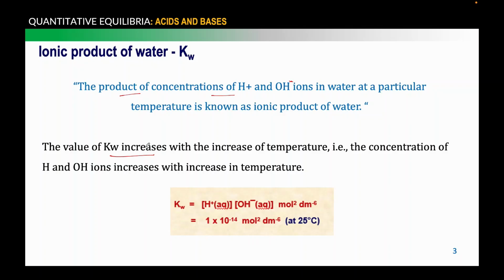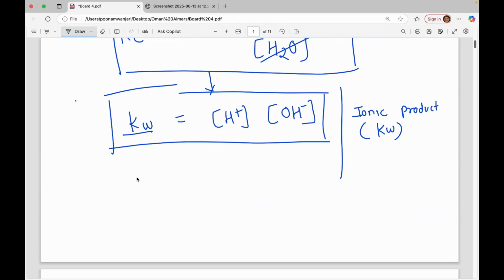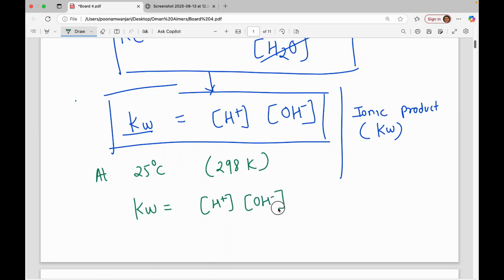The value of ionic product increases with increase in temperature, but generally we take the value at 25 degrees Celsius or 298 Kelvin. So at 25 degrees Celsius, or 298 Kelvin, Kw is equal to the concentration of H plus into the concentration of OH minus ion.